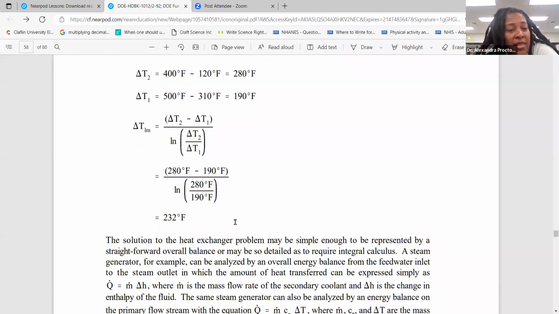So delta T sub LM is equal to delta T2 minus delta T1 divided by the natural log of delta T2 divided by delta T1. So they plug in and solve: 280 minus 190 divided by the natural log of 280 divided by 190. And so the delta T LM is 232 degrees Fahrenheit.